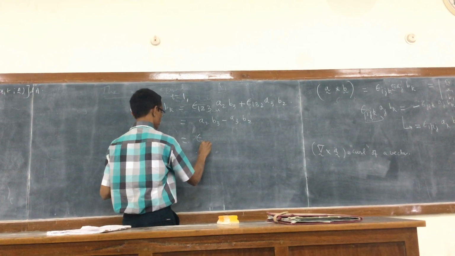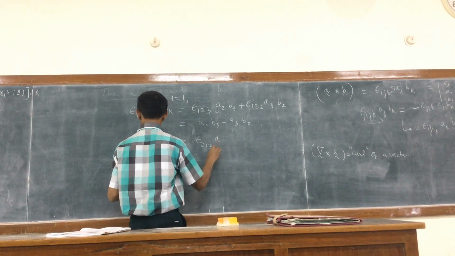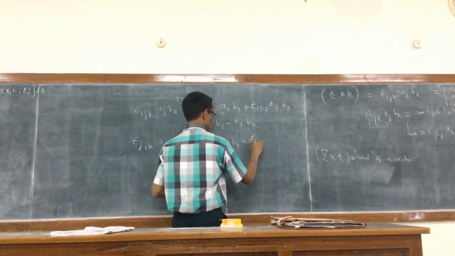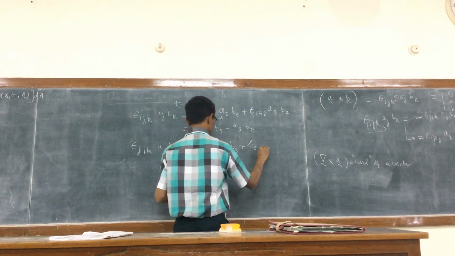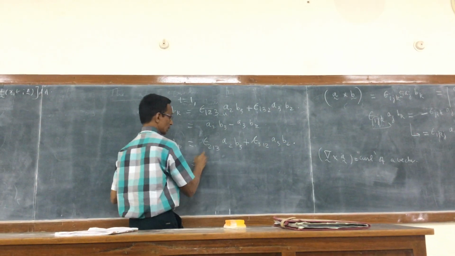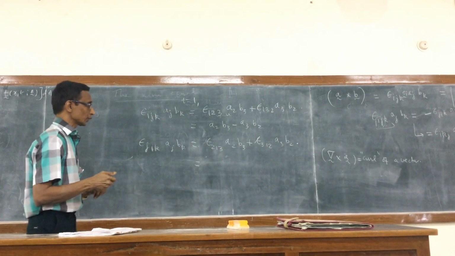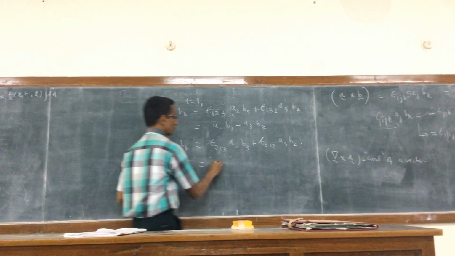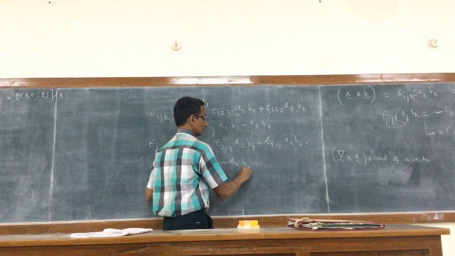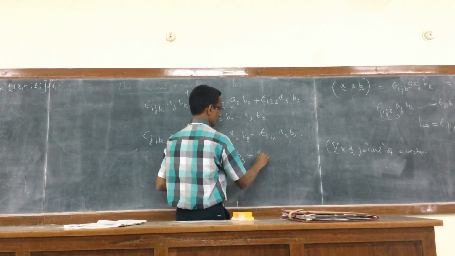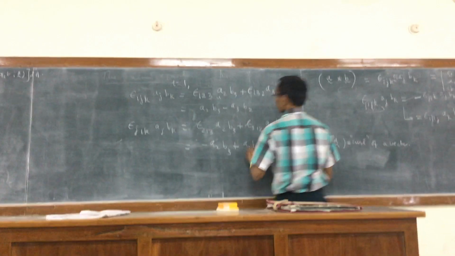With J being 2, this will be epsilon 2, 1, 3, A2, B3 plus J being 3, epsilon 3, 1, 2, A3, B2. Epsilon 2, 1, 3 is minus 1. So this would be minus A2 B3 plus epsilon 3, 1, 2 which is plus 1. So clearly this is the negative of this.